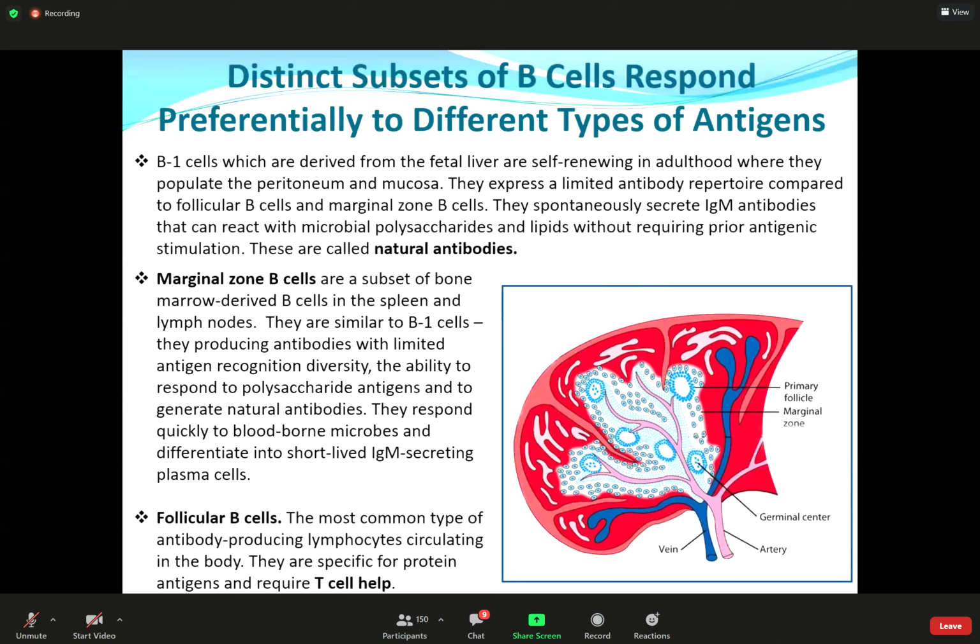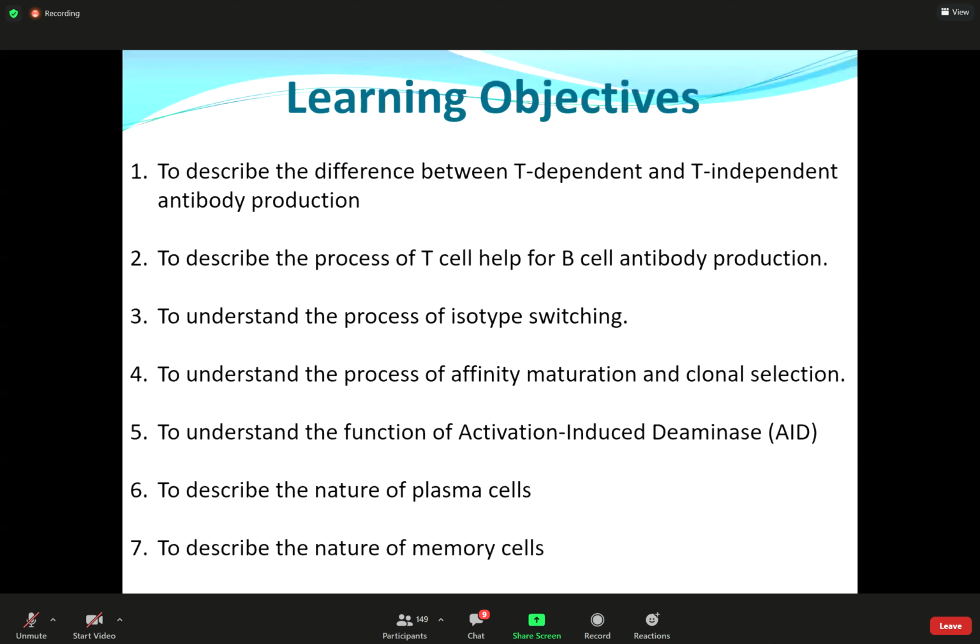Yeah. Thank you. So the objectives of this lecture are to talk about the difference between T-dependent and T-independent antibody production by B cells. This refers to the fact that some B cells behave like innate immunity.